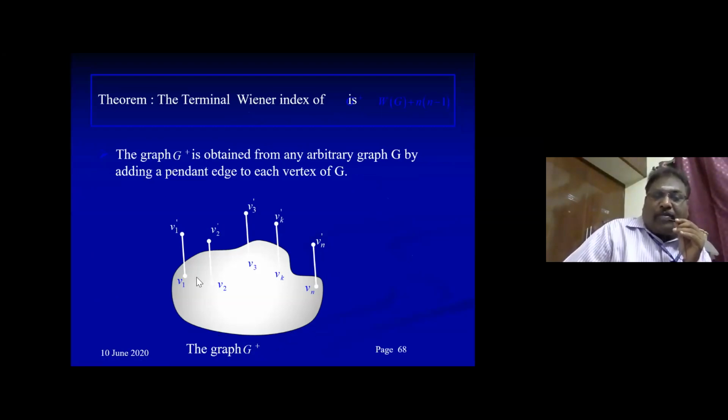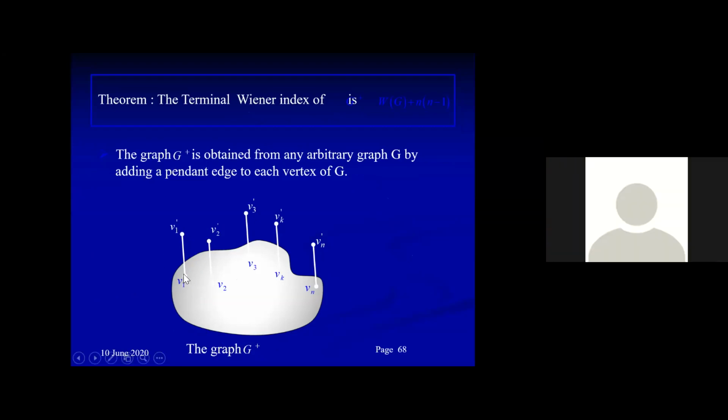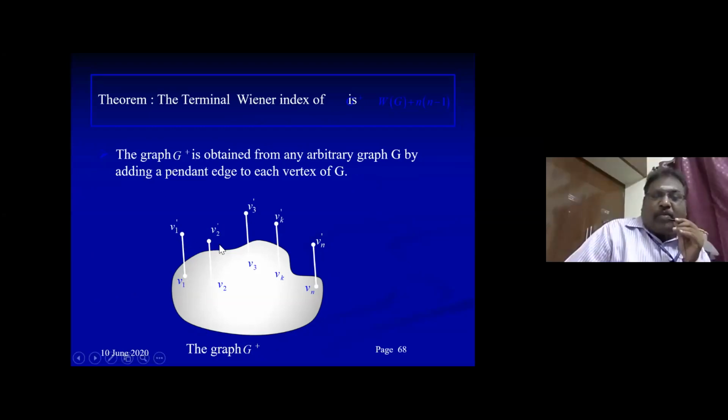The base is a graph G, and then there are vertices V1, V2 up to Vn, and from these n vertices we have taken new extensions, pendant edges. So V1', V2', V3', Vk', and so on.